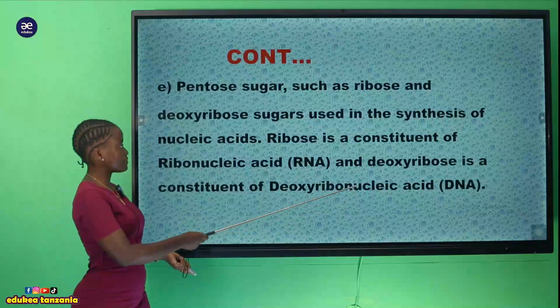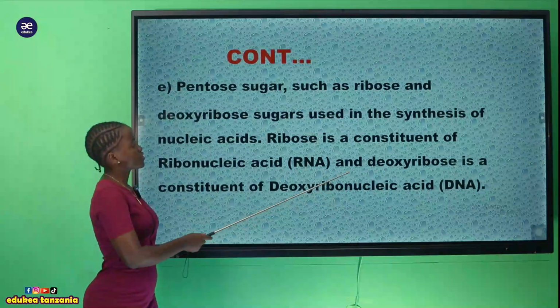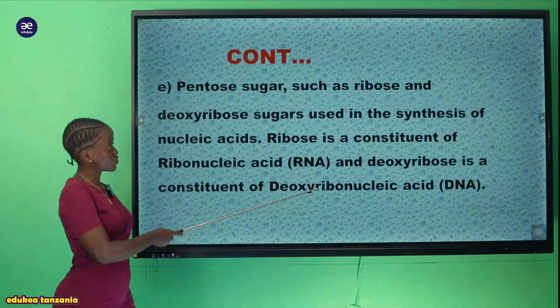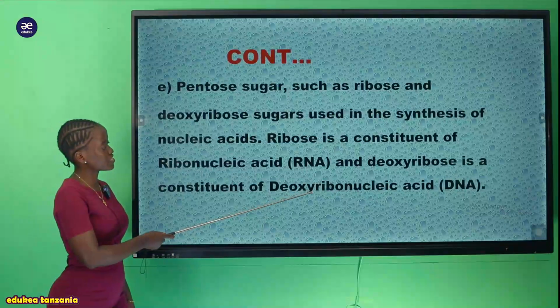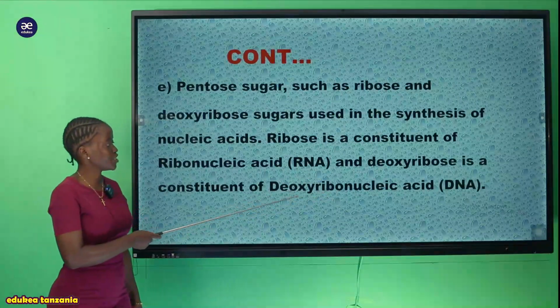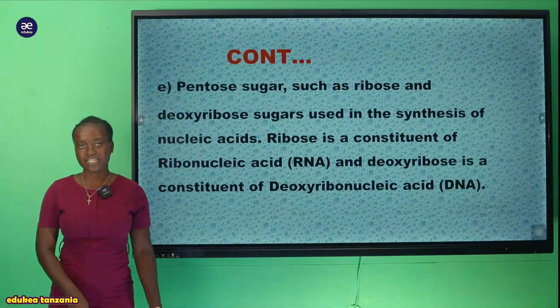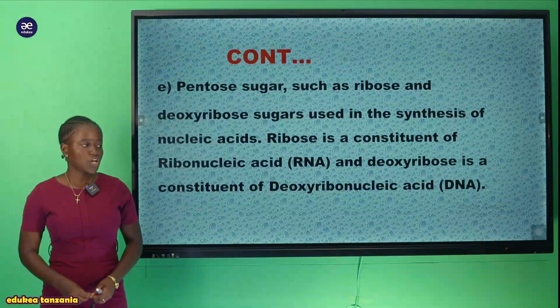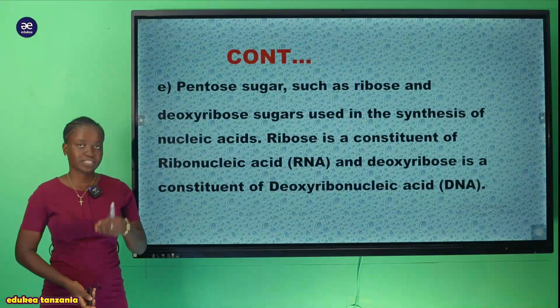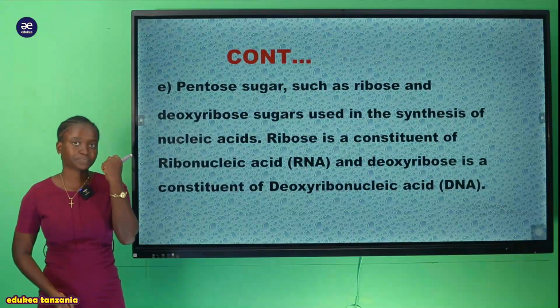You can see there is a presence of deoxyribose up to here, deoxyribose. So this becomes deoxyribonucleic acid, that is the DNA. So that is the function of the carbohydrate.